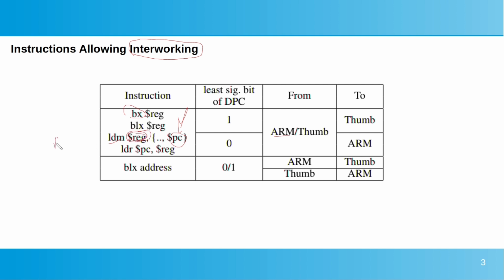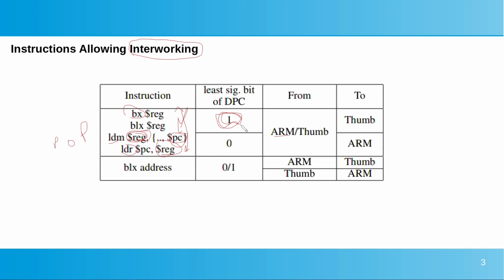Also a pop instruction that will update the program counter out of the stack. Also this LDR instruction that will update the program counter explicitly from the address stored within this register. All of those can trigger basically a switch back and forth between ARM and thumb state. This depends of course from the value or the content of the bit number 0 of the address that we are jumping to.